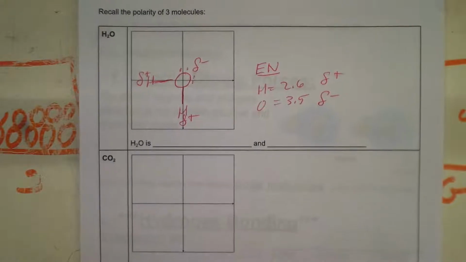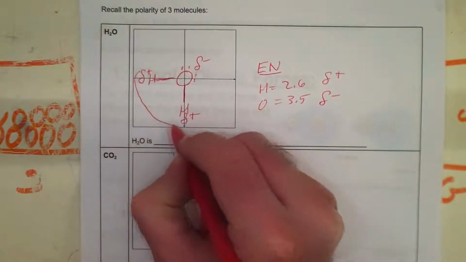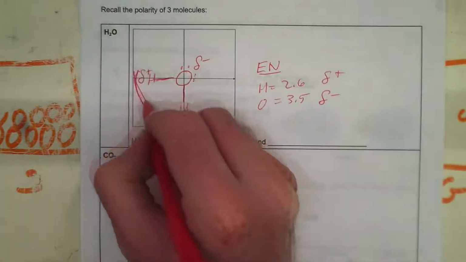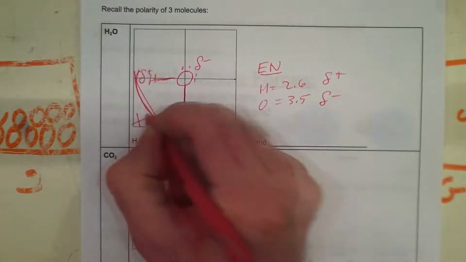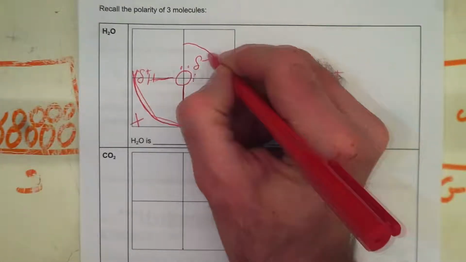Now, is this molecule polar? Can I divide this molecule up into two different ends? And the answer is yes. If you take a look at the hydrogens here, there's a positive portion of this molecule that's all grouped together in this quadrant. This is a positive end of the molecule, and there's a negative end of the molecule.